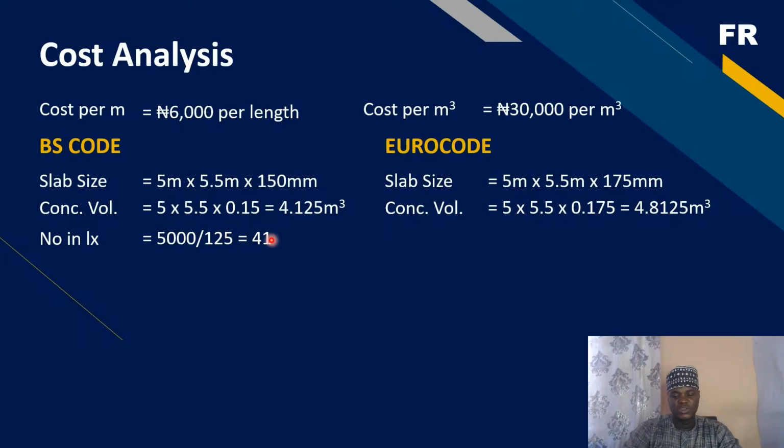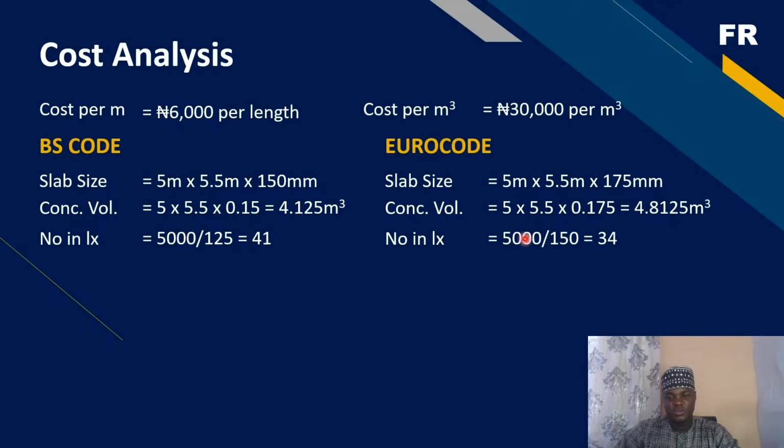For the Eurocode, the spacing of reinforcement is 150. So therefore, 5 meters divided by 150 will give us 33.33, you approximate to a whole number of 34. 34 number.